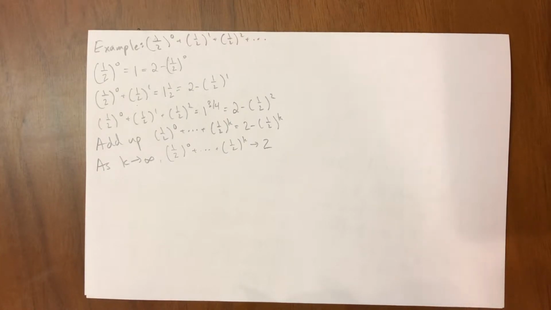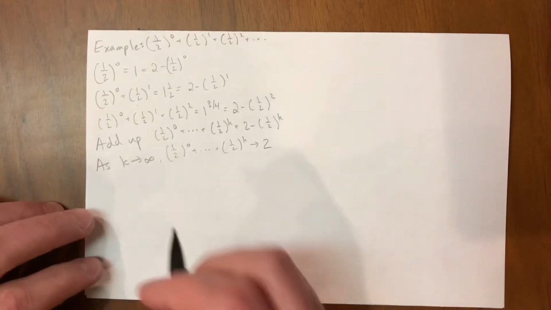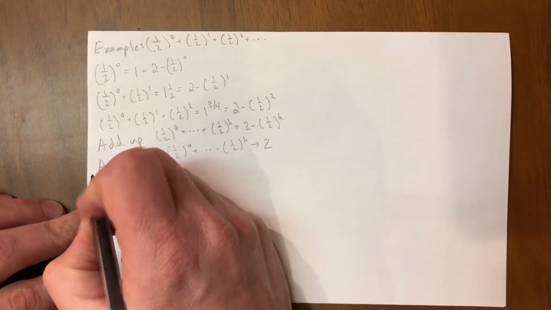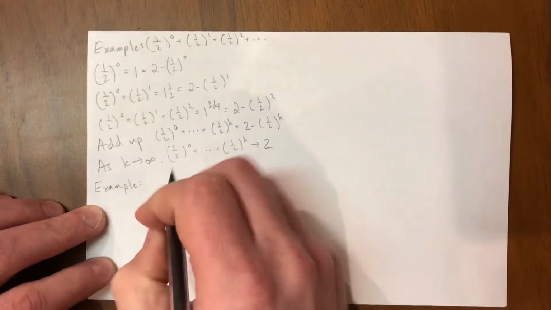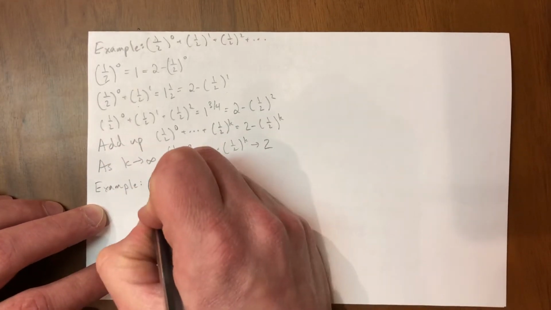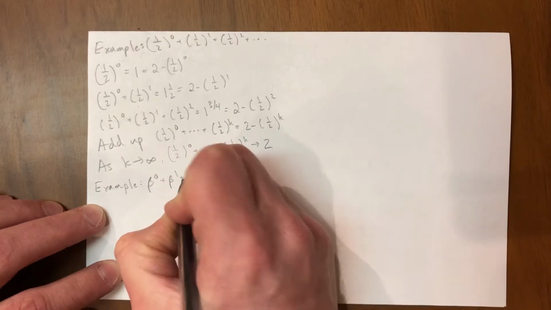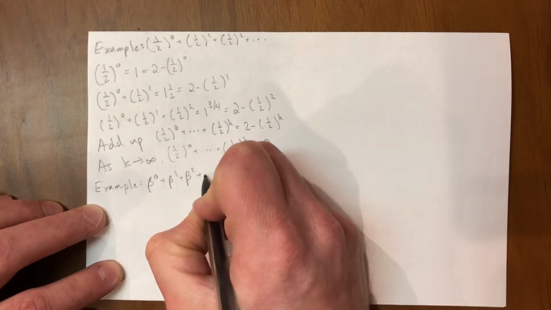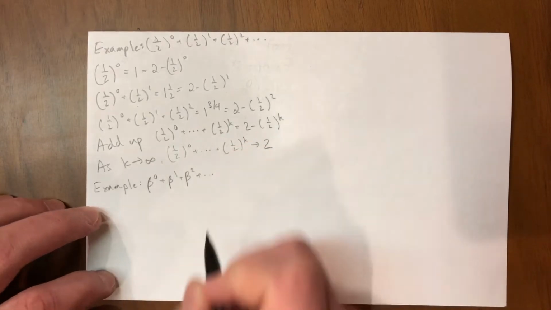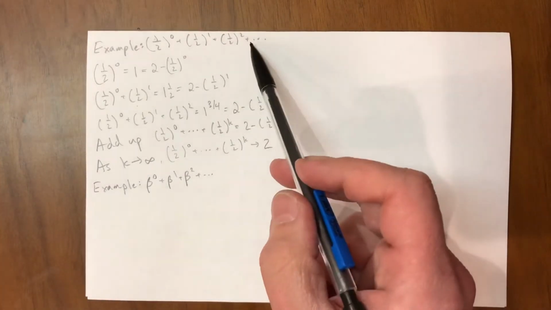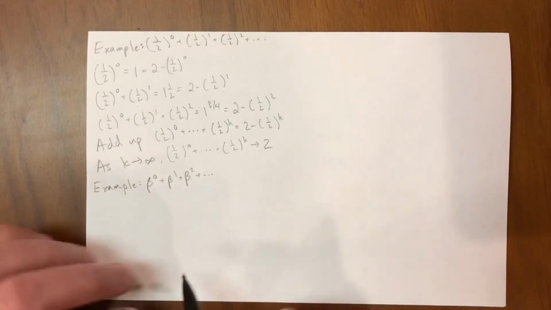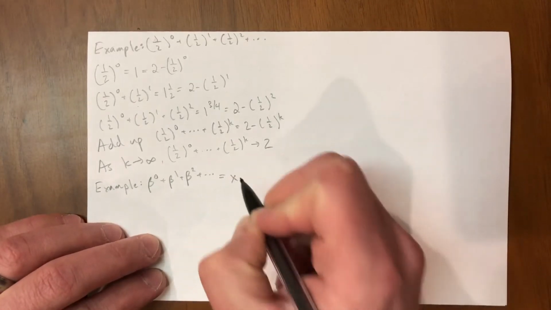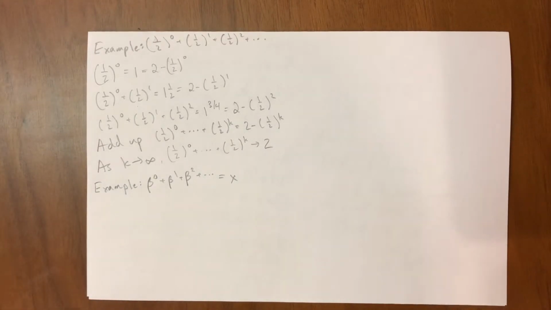Okay, let's see how this works a little bit more generally. So let's ask, what is beta to the 0 plus beta to the 1 plus beta squared plus and so on? This is just a more general version of the first thing that we wrote. Let's just say that equals x, for convenience, to give this thing a name.